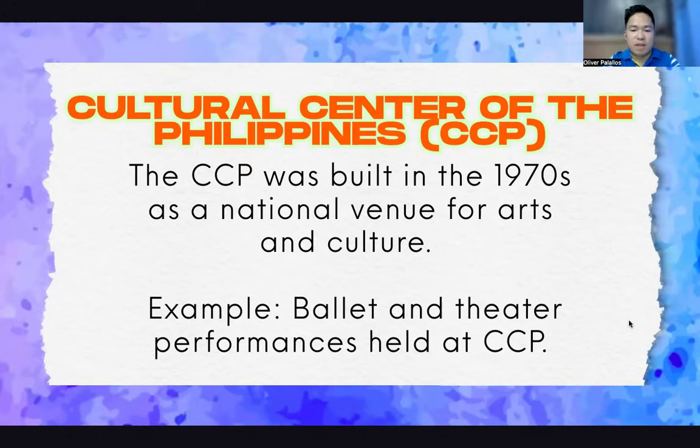So maaari niyong tingnan online ano ang itsura ng CCP, or Cultural Center of the Philippines. So there are big events that happen already in CCP. Some examples to that are the ballet and the theater performances held at CCP. You can check that online by yourselves. Okay, so that's Cultural Center of the Philippines.